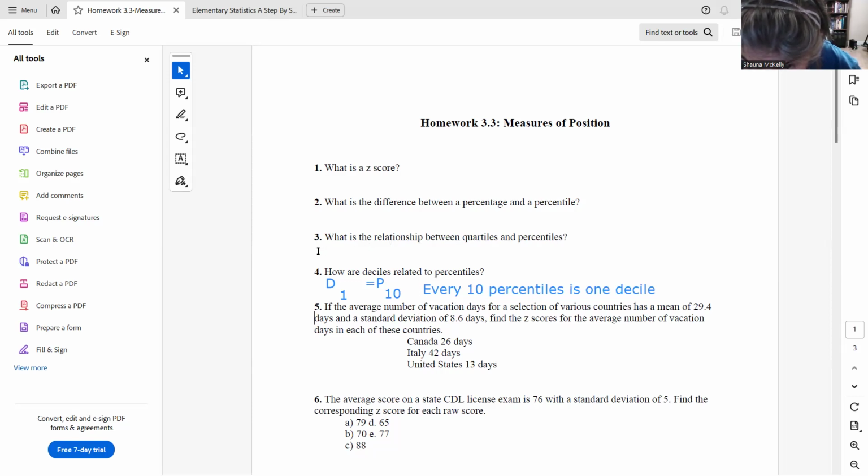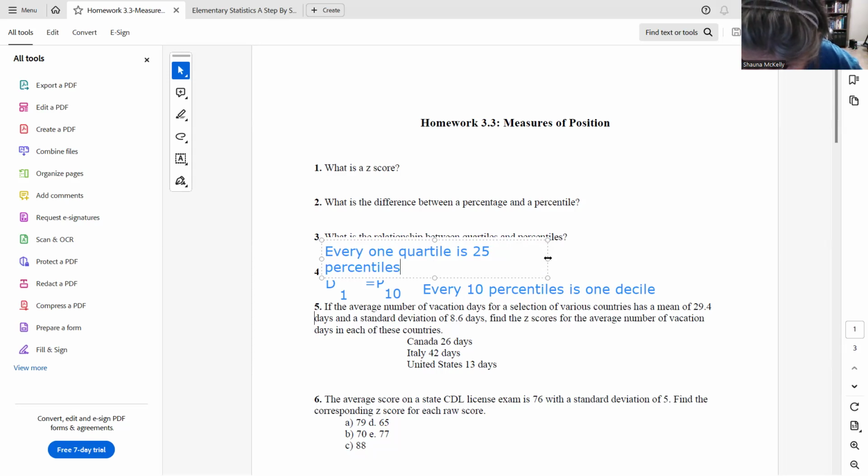What is the relationship between quartiles and percentiles? Okay, so every 1 quartile is 25 percentile, okay?